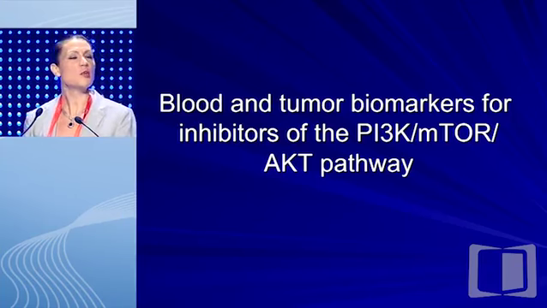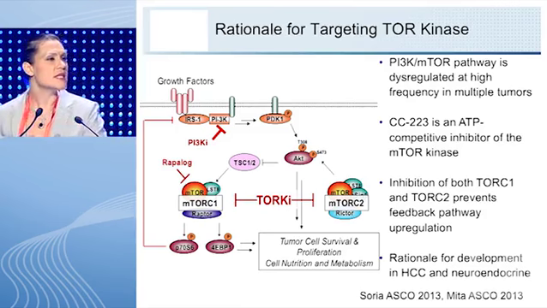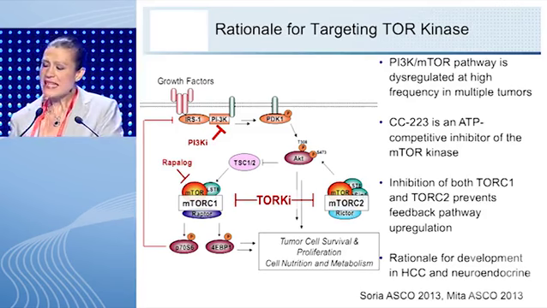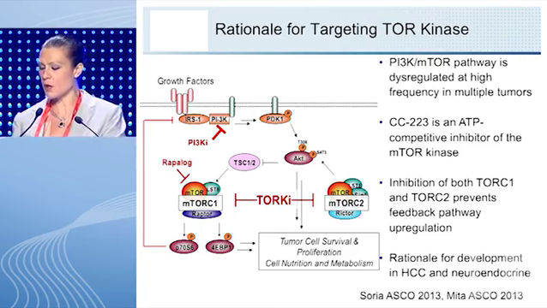What about blood and tumor biomarkers? So this is one example where we're looking at them with the PI3 kinase pathway. So this was a study of CC223 that was presented at ASCO both in 2012 and 2013. It's an mTORC1/2 inhibitor, and people are looking at this in terms of development for hepatocellular carcinomas as well as neuroendocrine carcinomas.